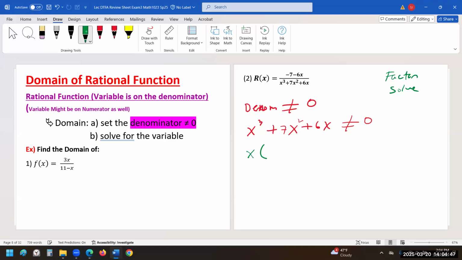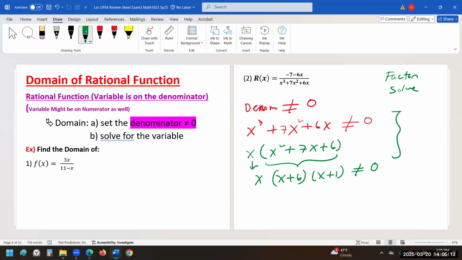GCF. So you get x squared plus 7x plus 6. Can you factor more? x plus 6, x plus 1. Don't forget about your GCF, and don't forget about your not equal to 0.